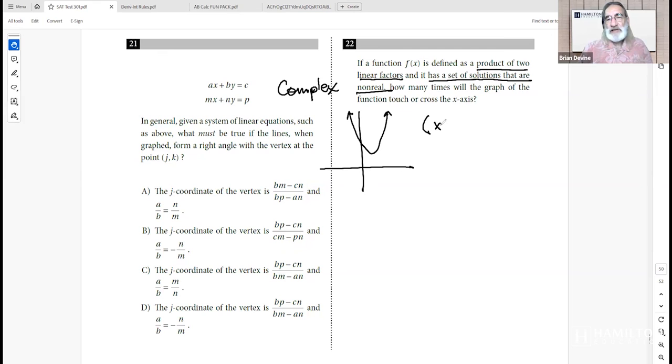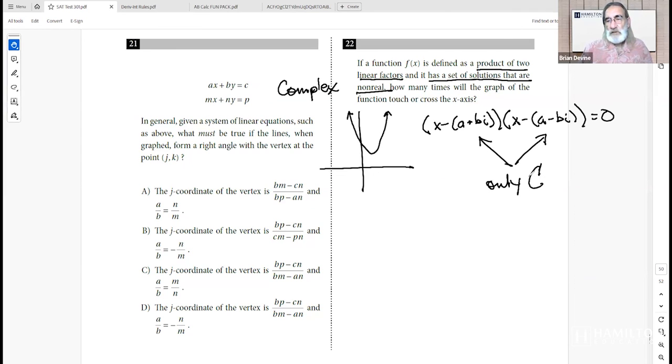I can write it as x minus some complex thing times x minus the conjugate of that complex thing. And that would equal 0, would be the form that you want to be aware of. And since these are only complex numbers, then we're going to have no real solutions. And your answer is 0.